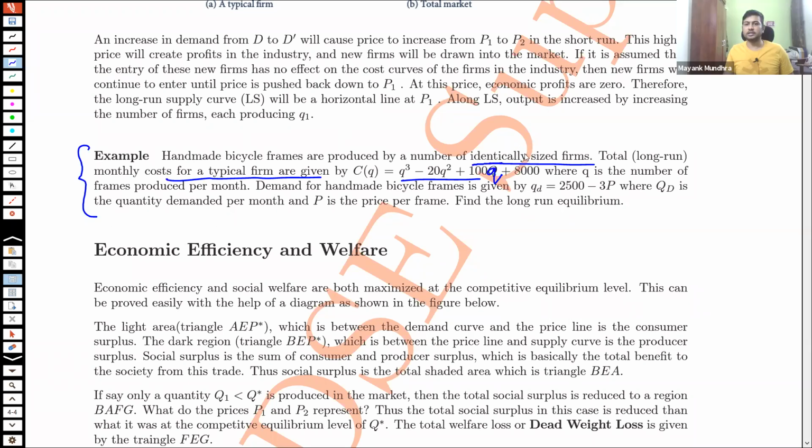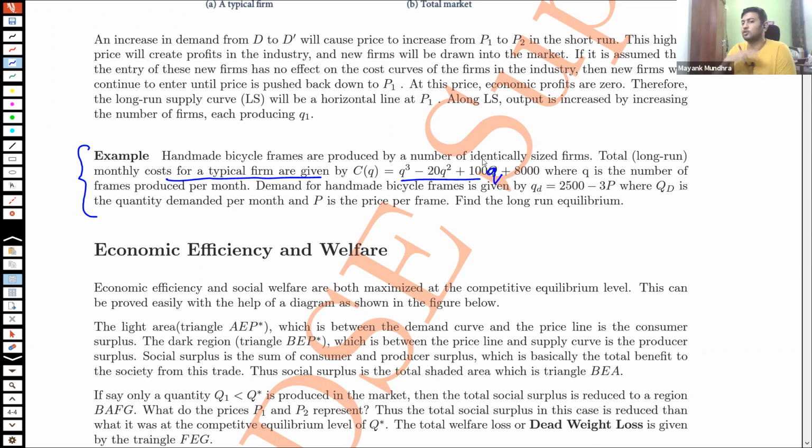Identically sized means that the capacities are same and their amount of capital is same. Yes, sir, I got that, but why is it mentioned everywhere? I mean, there is a logic behind it, right? Yeah, the logic is that their capacities are same. The total capacity which these firms can produce is going to be same.